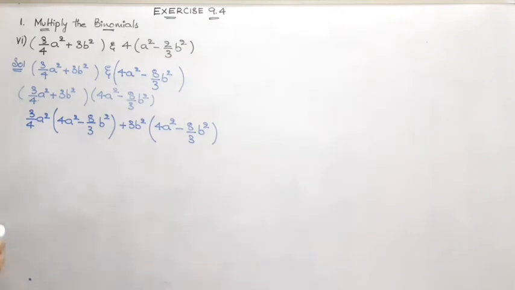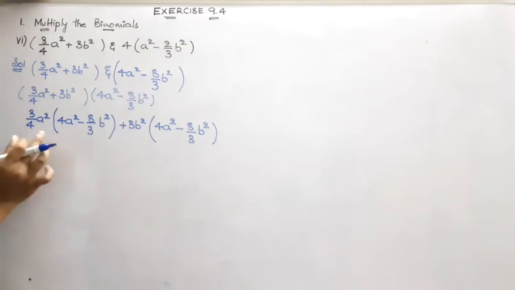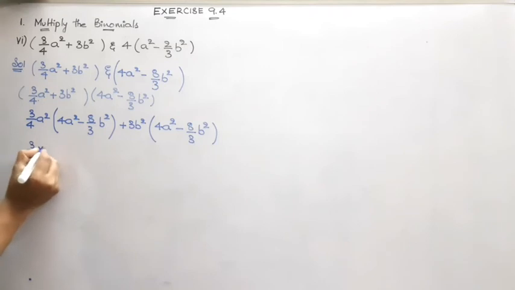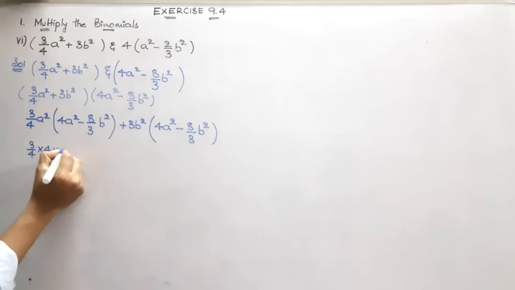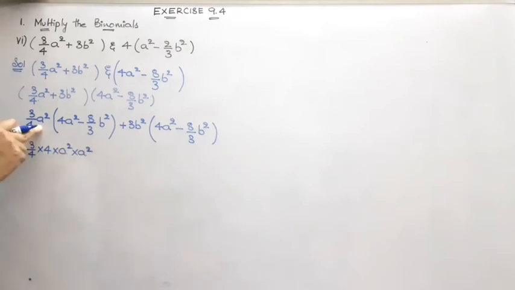Now check the board carefully. Being a bit complicated calculation, let us write the individual terms first. Numbers 3 by 4 into 4, multiplied by a square into a square, because we have a square here and a square in the second term.